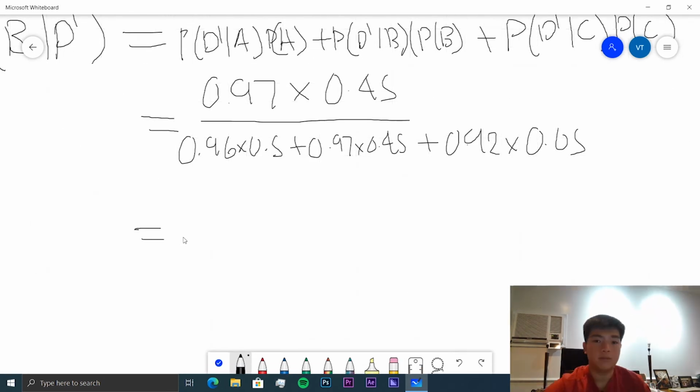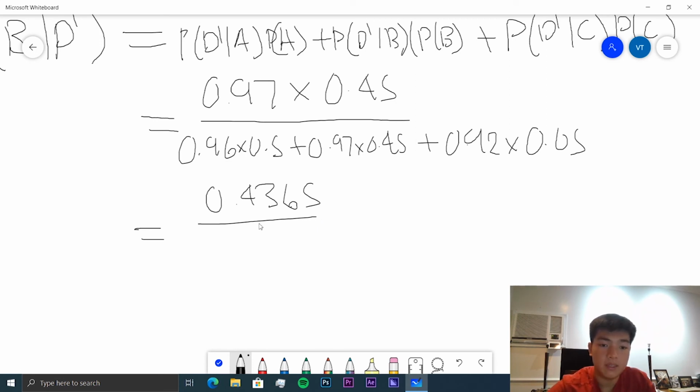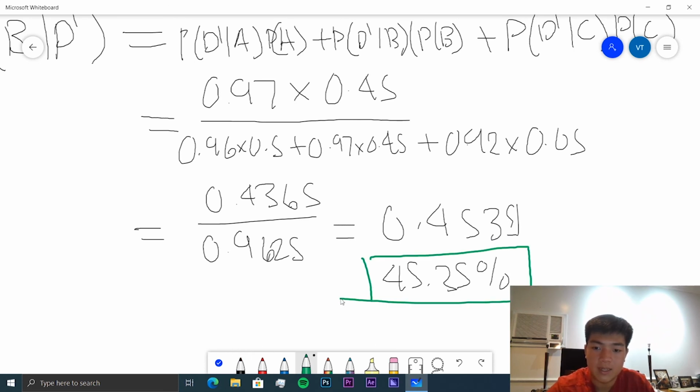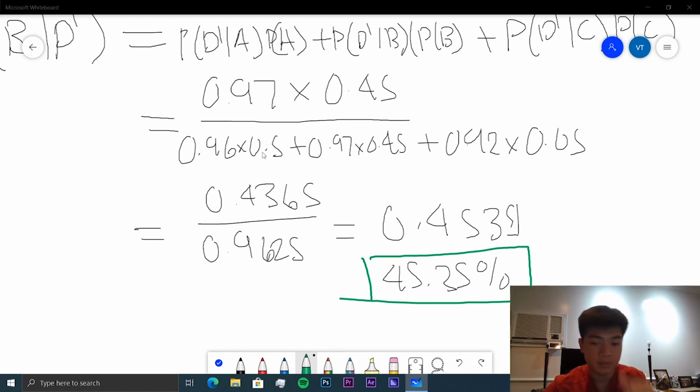So this is 0.4365 being divided by 0.96 times 0.5 plus 0.4365 plus 0.92 times 0.05, which is 0.9625. So this is around 0.4535, or in other words 45.35%. So it's around 45.35% that if a transistor was not defective, then it was from machine B.